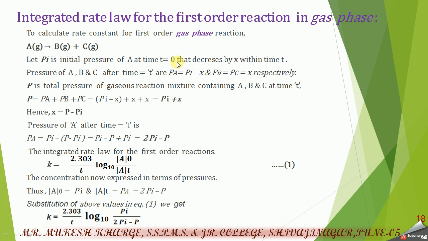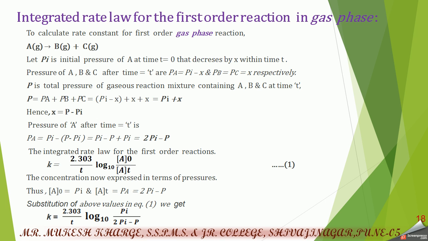As the reaction proceeds, when time becomes t, the initial pressure of your reactant A decreases by a value of x. Then when time t passes, you have to calculate the pressure of your reactant as well as products B and C. At the initial stage, the product is not present in the reaction mixture, so the initial pressure of B and C is equal to 0.